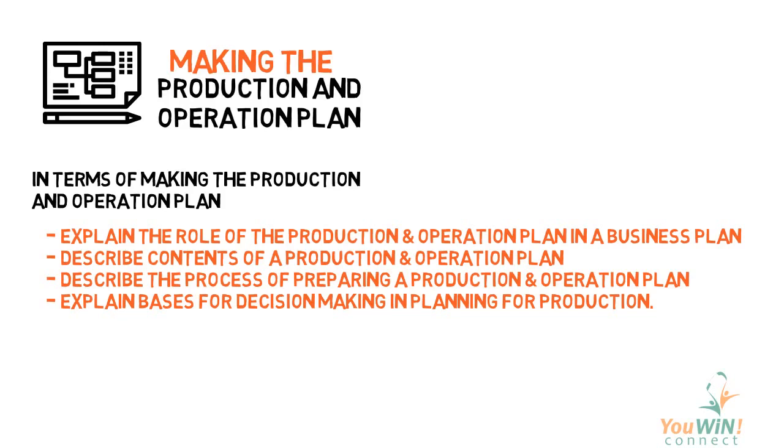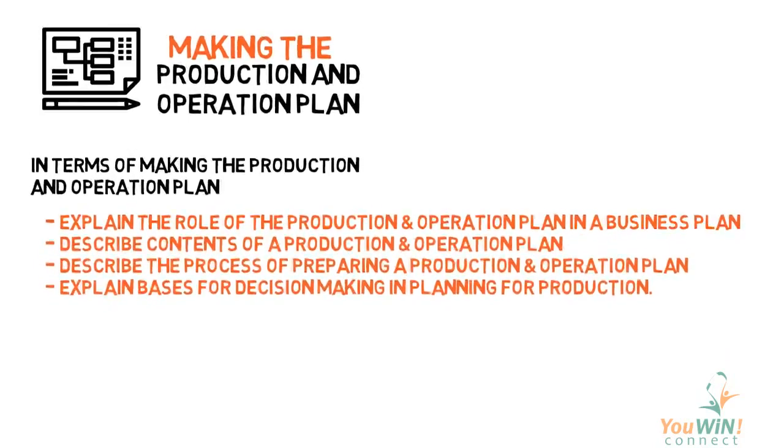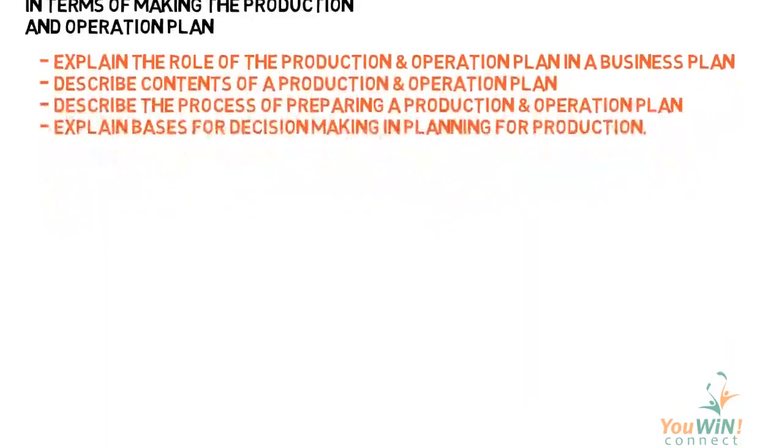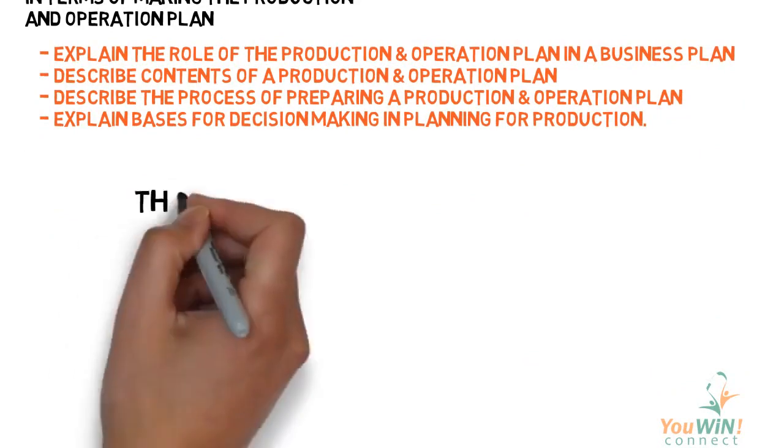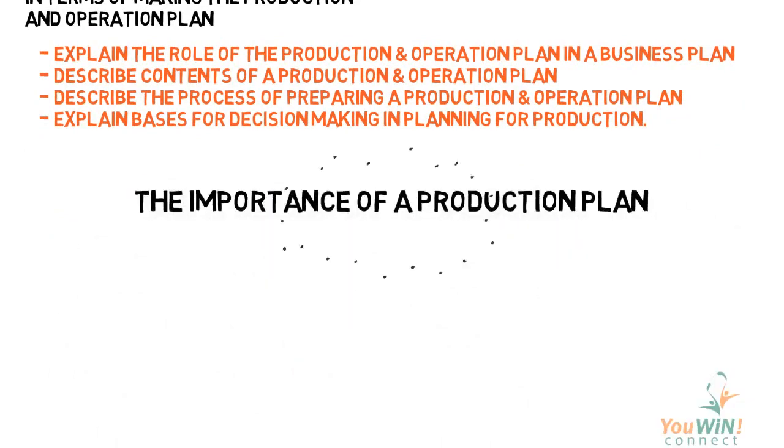In terms of content, we'll look at the roles of the production or operations plan in the business plan, the components of the operations plan, and also the process of operation and production plan making. The first question to ask here is, what is the importance of a production plan?